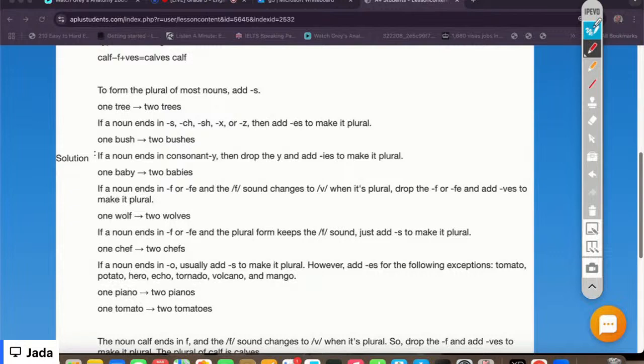All right, so let's start the lesson now. So first of all, to form the plural of most nouns, you need to add s. So once we're making a plural, we always need to have s added to it to make it plural.